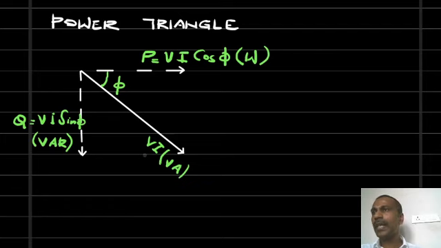The third one is reactive power, which is in volt ampere reactive. If you draw a line here, these two lines are equal. So this is also equal to VI sin phi.